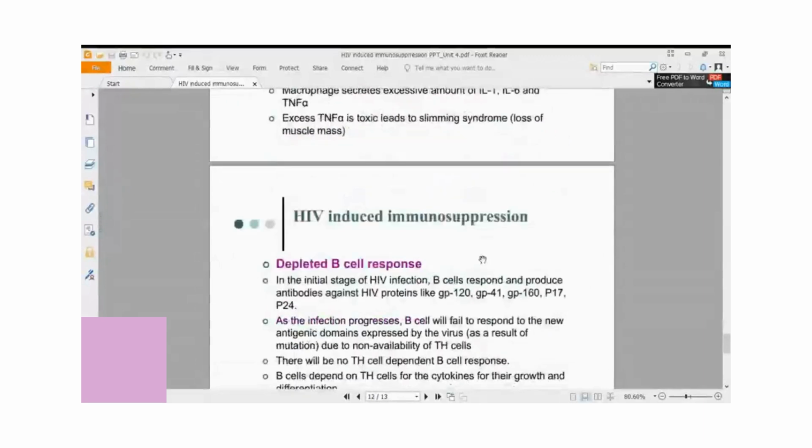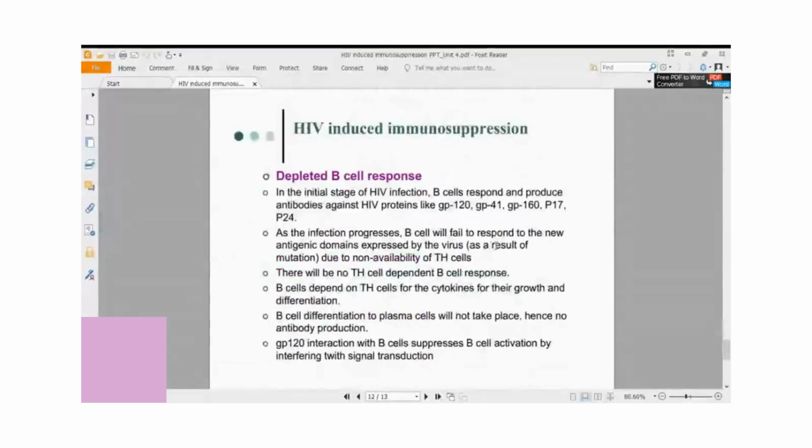Let us see what happens with the B lymphocyte. B lymphocyte, which has emerged fresh from the bone marrow after the maturation process, will have the MIgM receptor on its surface. And that MIgM receptor can show low affinity to the foreign antigen or high affinity to that foreign antigen.